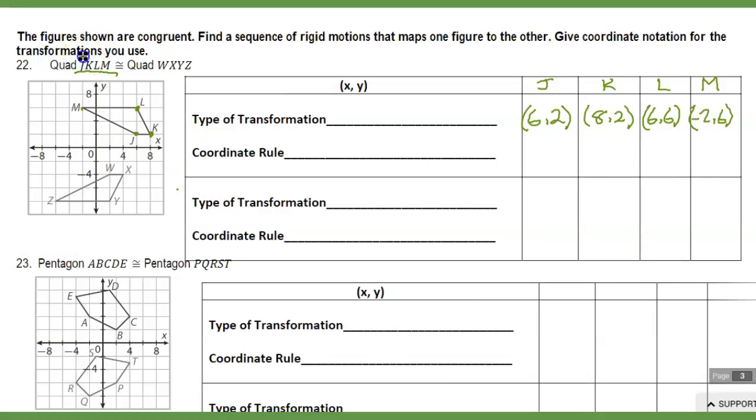So we know that J is going to map to W. So I should have W here. We have -2, -4. Right. K will map to X. So X will be 4, -4.